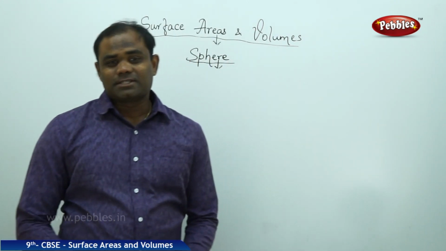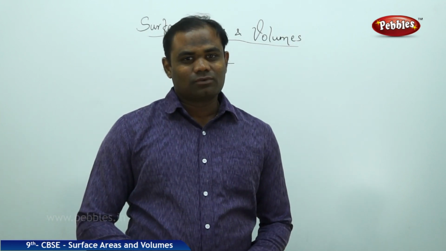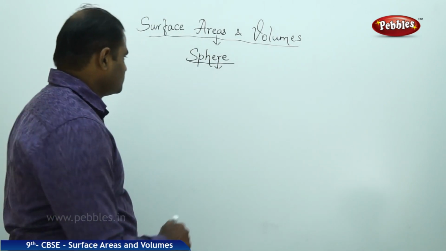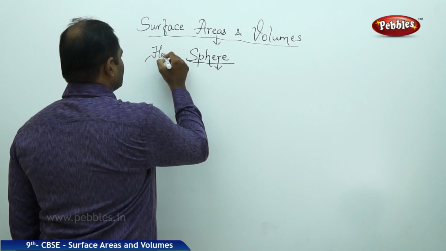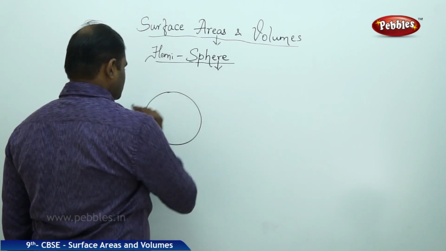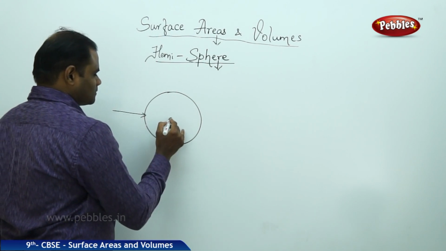Now that we have discussed the sphere, let's see what would happen if I cut the sphere exactly at the center. Imagine I have a sphere which is cut exactly at the center.